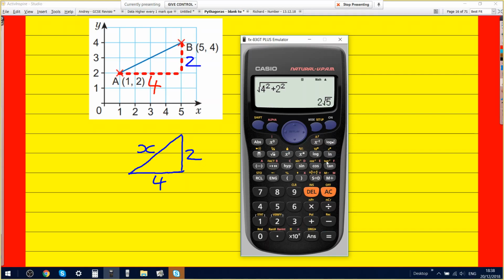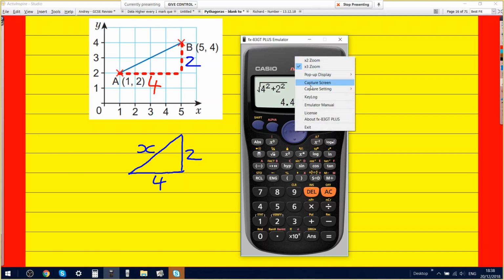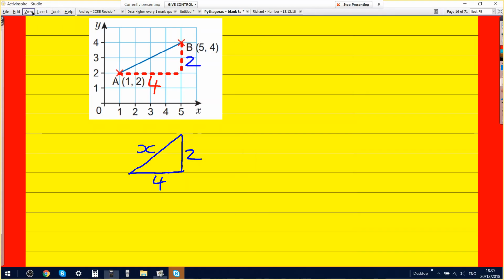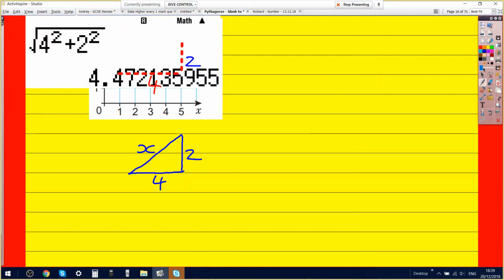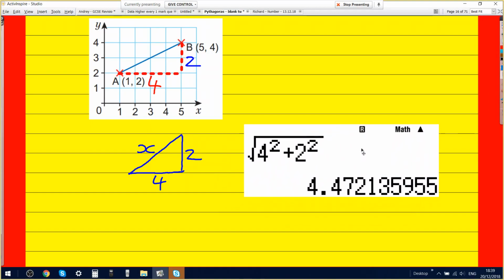And so you could write your answer as 2 root 5, or you could write your answer as, let's say, 4.47. So you can use Pythagoras to find the length of any diagonal, and the way you do that is to imagine that it's inside a triangle, and you use the base and height for that. Any questions there?